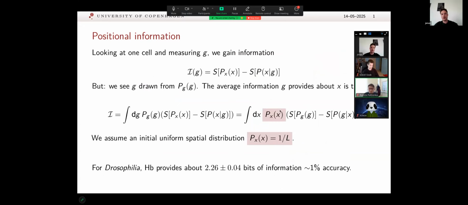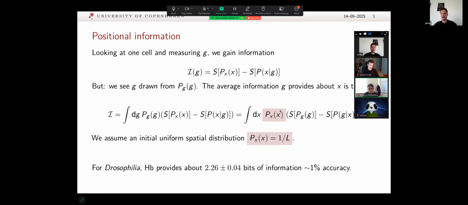So basically, if we pick one cell at random in the system and we measure a local concentration G, the information we gain from that measurement is the difference between the Shannon entropy of measuring and not measuring, right? So if we pick a cell at random, the uncertainty about the position is basically just the uncertainty in the distribution of cells in the system.